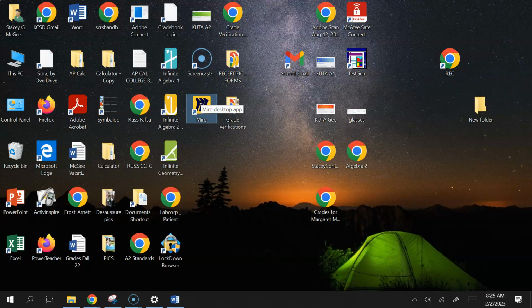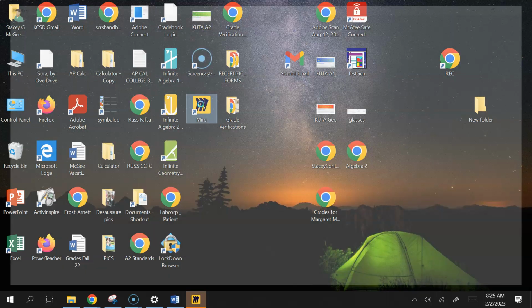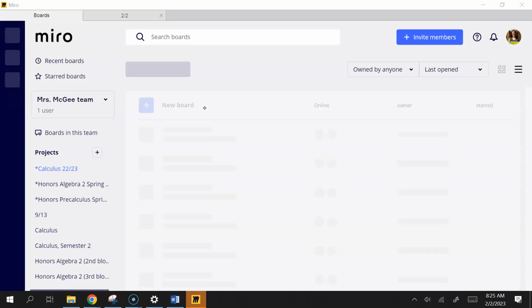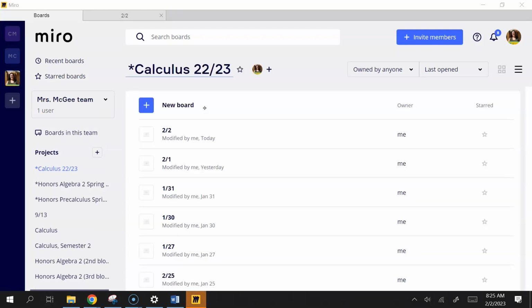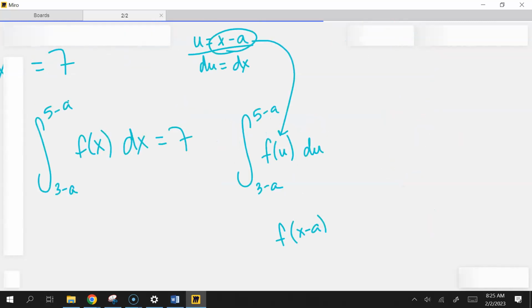What's the sine of 0? 0, right? All right, so the graph of sine goes through 0, 0.